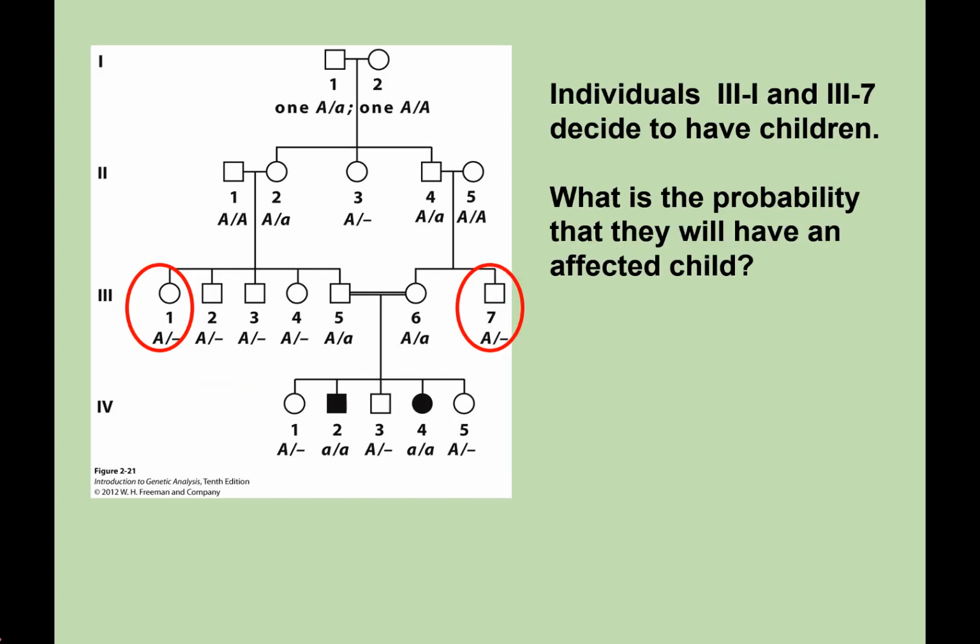So my question to you is, if individuals 3-1 and 3-7 decided to have children, what is the probability that they will have an affected child? So what you first have to figure out is that the only way for them to have an affected child is for them to be both carriers.